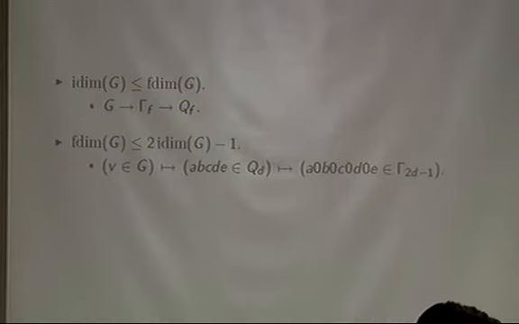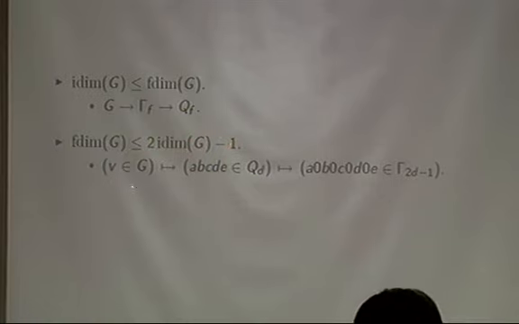The Fibonacci dimension is more or equal than twice the isometric dimension minus 1. Why is that? Assume that you have an isometric embedding that sends a vertex V to this label. This is just an example, dimension 5. Now what you can do is embed this into the Fibonacci dimension just by padding dummy coordinates in the middle where everything is zeros.